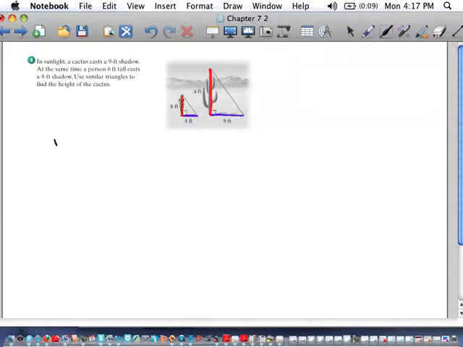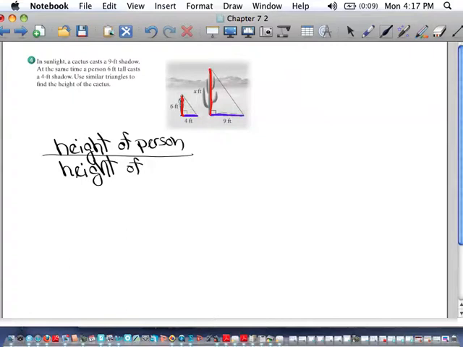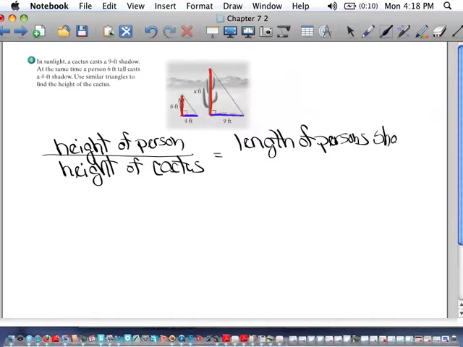So if we put the height of the person is to the height of the cactus as the length of the person's shadow is to the length of the cactus shadow.